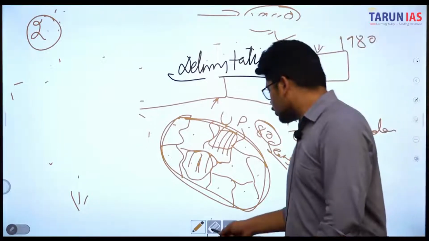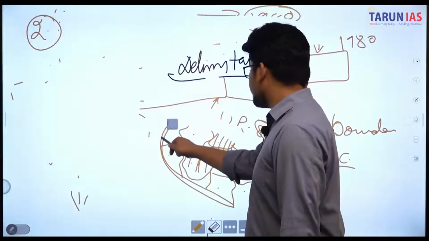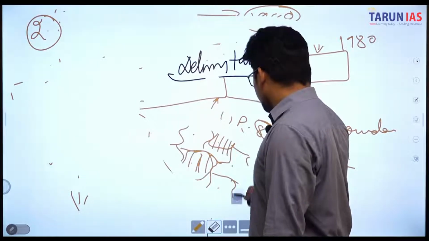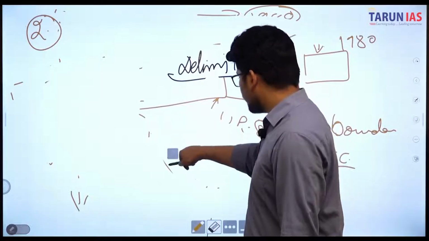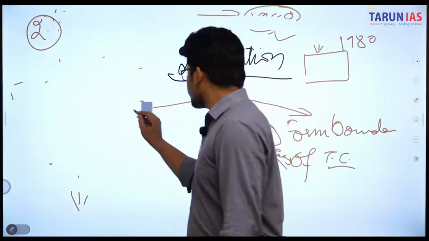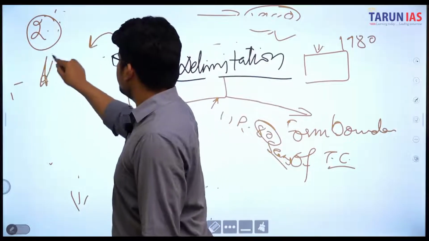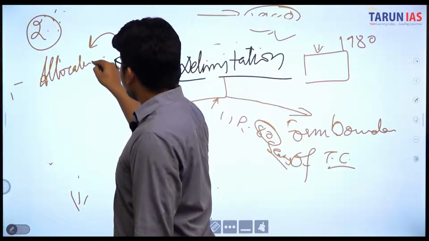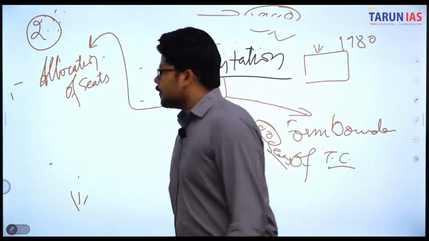So I hope you understood that the process of delimitation involves two major things. The first is allocation of seats in Lok Sabha and State Assembly, ठीक है, allocation of seats to the state.